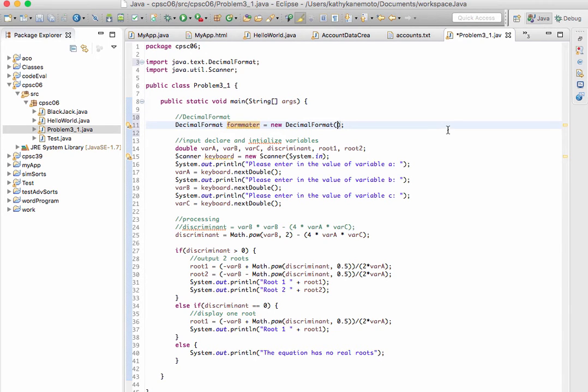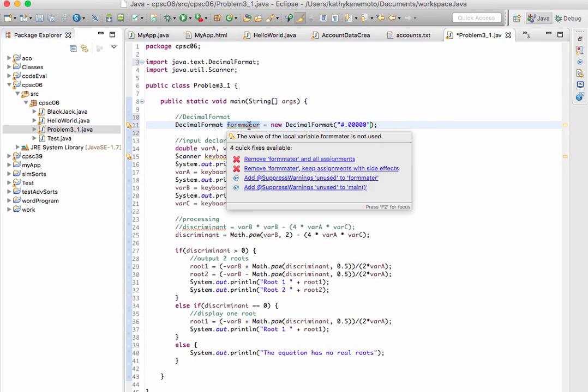And so inside of the constructor for my formatter object, I'm going to tell it, go ahead and put any amount of numbers in front of the decimal and after the decimal. That'll make it mandatory that there's 5 decimals after that decimal.